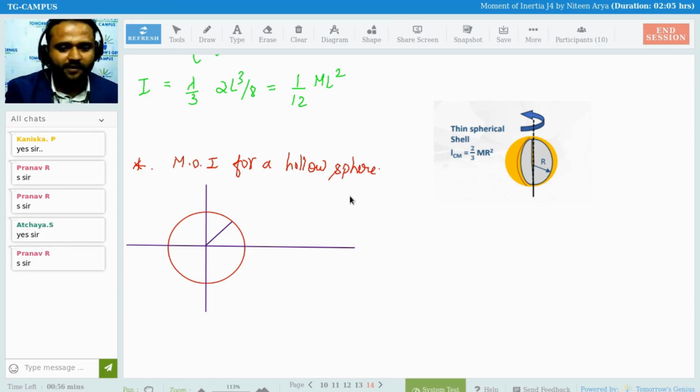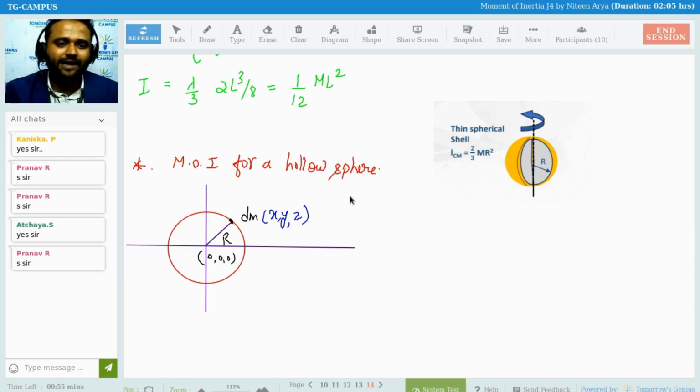It is a symmetric thing and it has 3 axes. Or what we can do: suppose there is a point at radius r. This is a small dm at radius r. This is the center, from 0, 0, 0 to a particular point x, y, z, because it is in 3 dimensions. A sphere is 3D, the whole sphere.